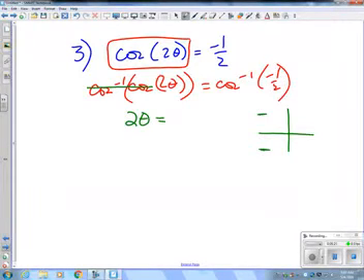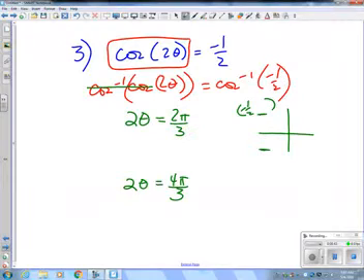Cosine's negative in 2 and 3, and for it to be negative 1/2 in the first position, it would have to be 2 pi over 3 and 4 pi over 3. So we set up a problem equal to 2 pi over 3, and we set up a problem equal to 4 pi over 3, and finished solving the inside of the trig, which says 2 theta.